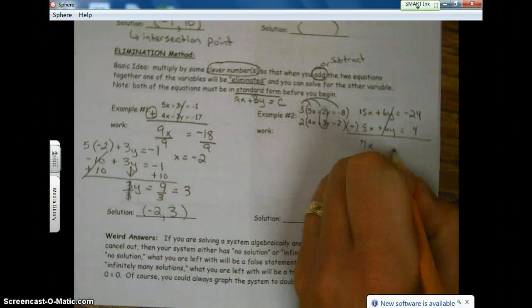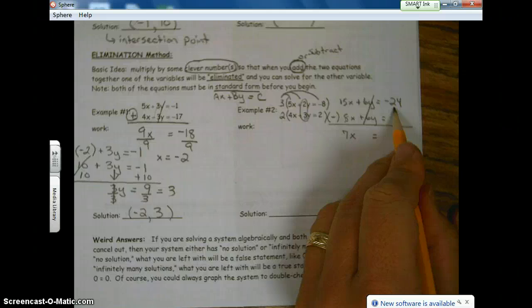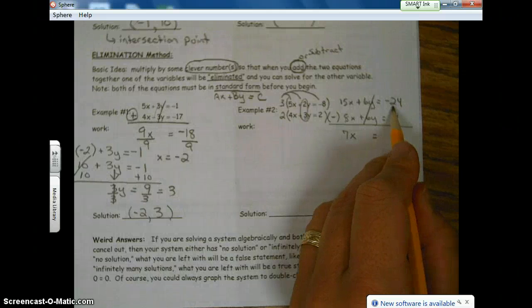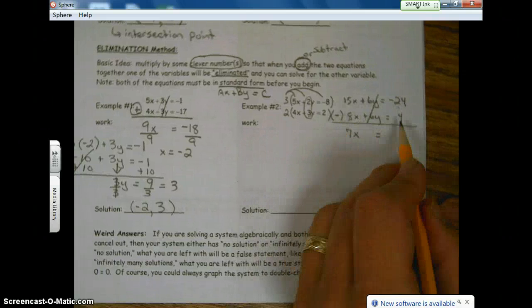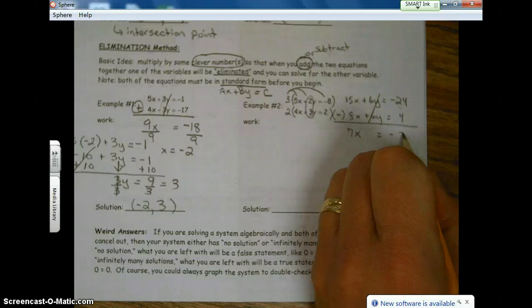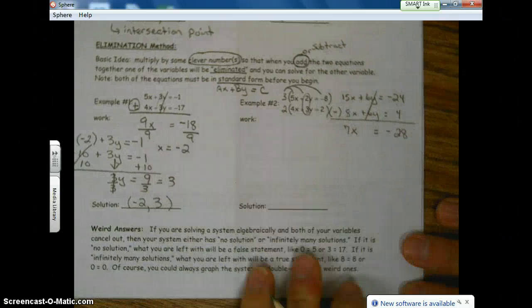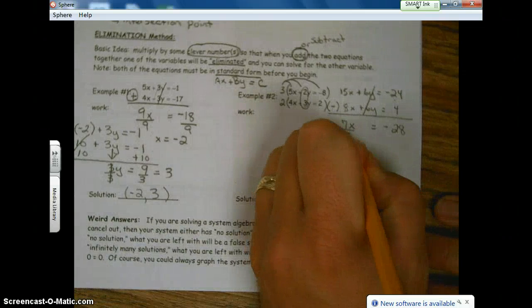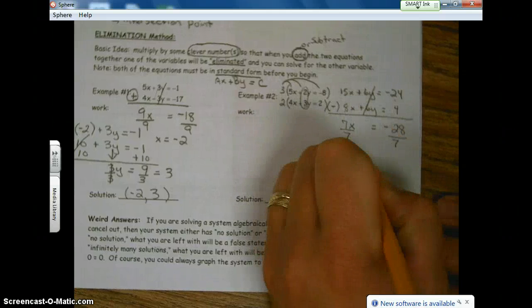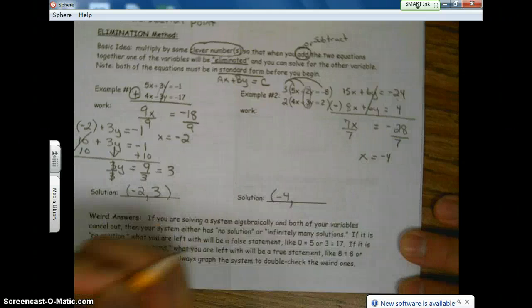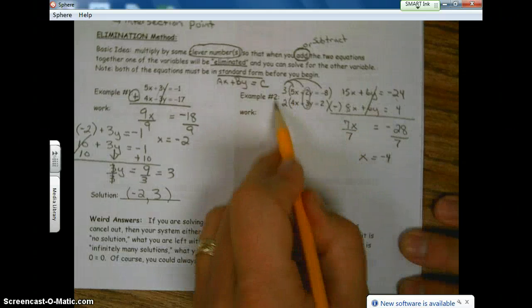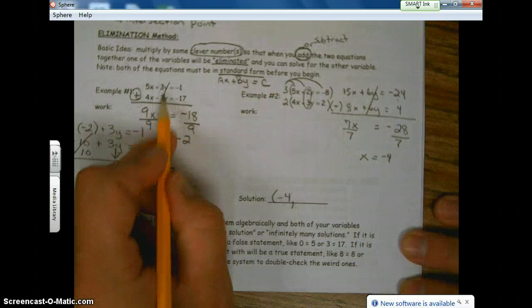Bring down the equal sign. -24, this is where you got to be careful if you don't know your rules for adding and subtracting integers. -24 minus 4 is -28. Divide both sides by 7. Your x-coordinate is -4. So sometimes you have to use clever numbers and sometimes they may be ready to go.